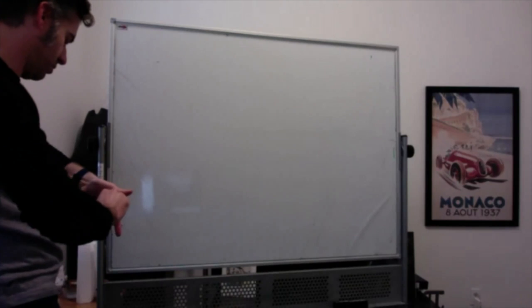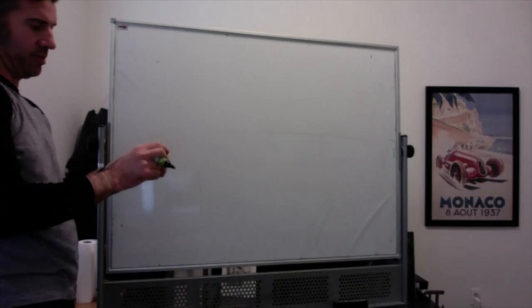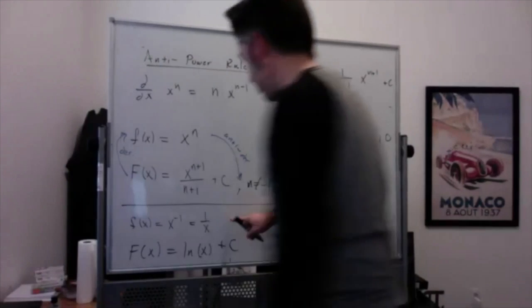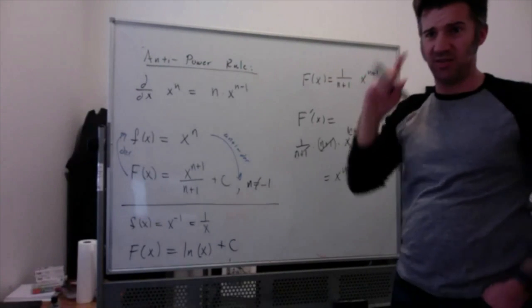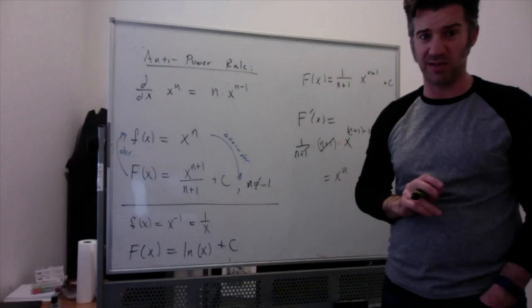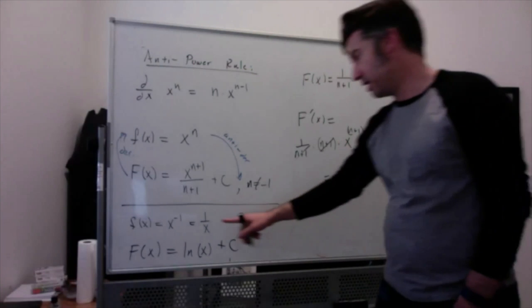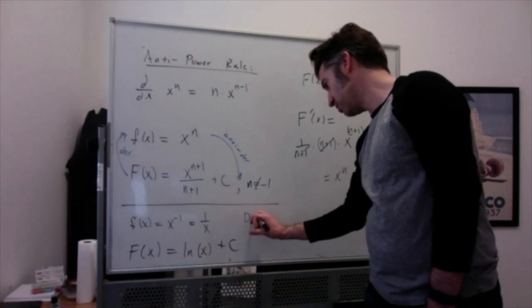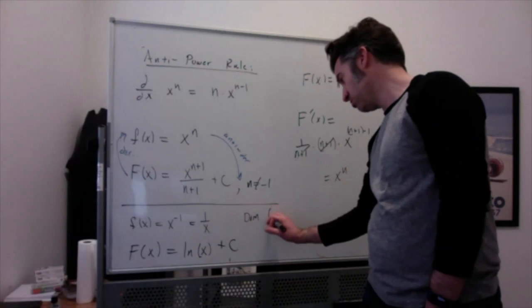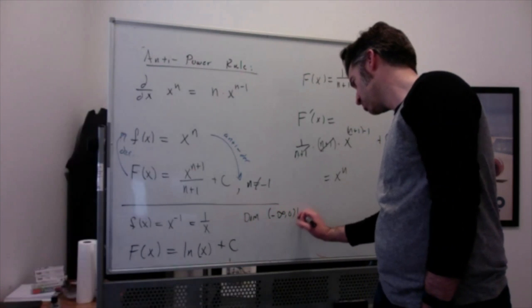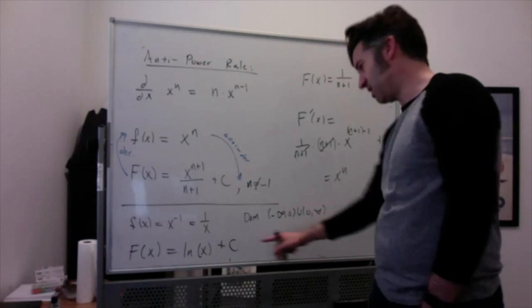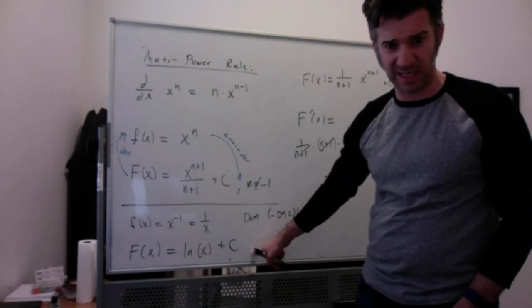So the problem with the natural log of x, wow, the problem is I can't put this cap on my pen. The problem here is that we would like the antiderivative to have at least as big a domain as the function. And here, the domain is everything but 0. And here the domain is significantly less.